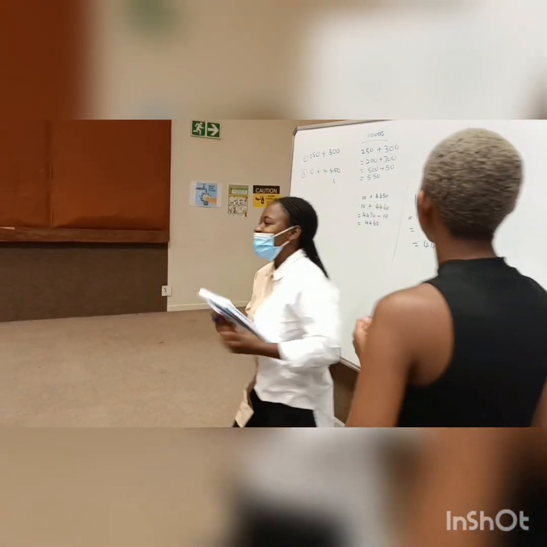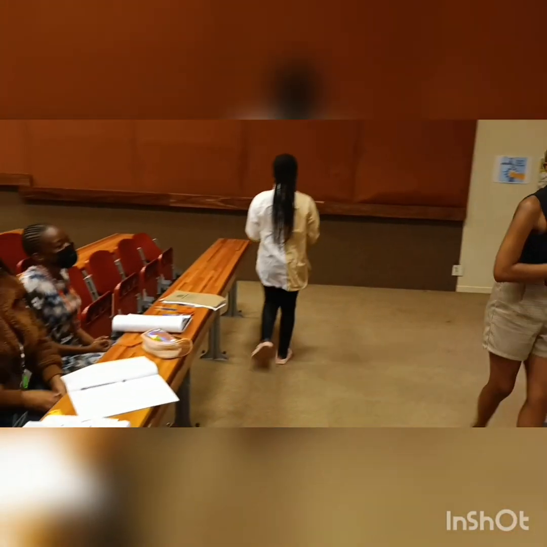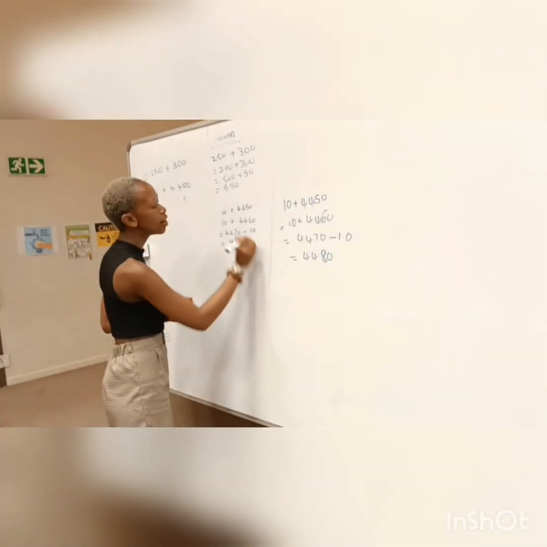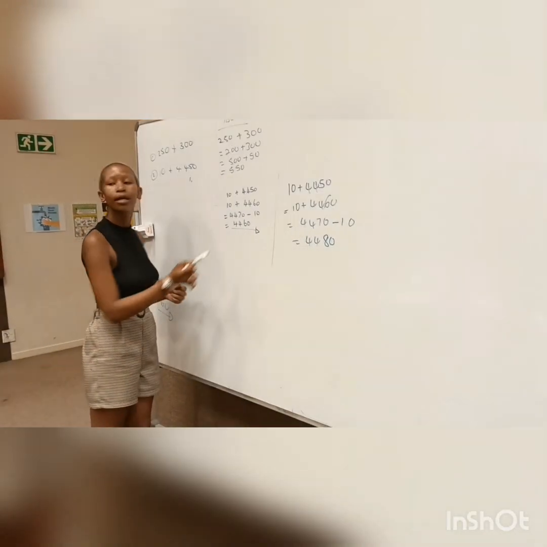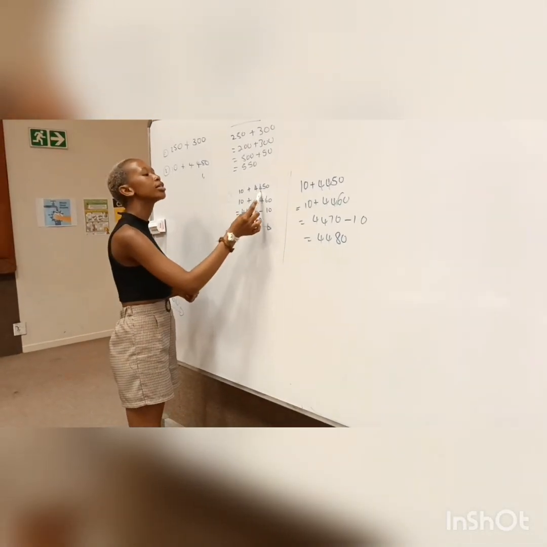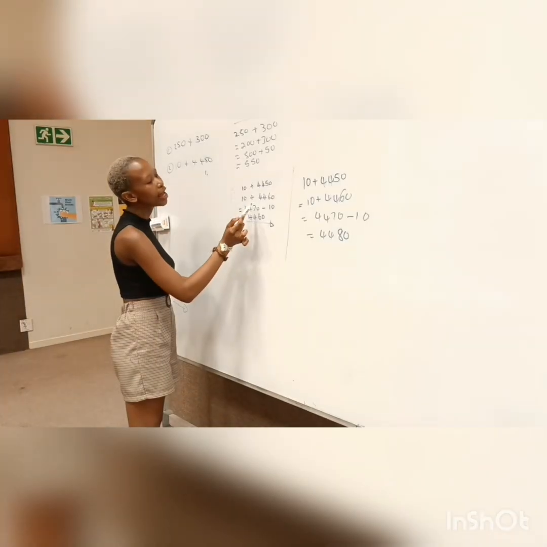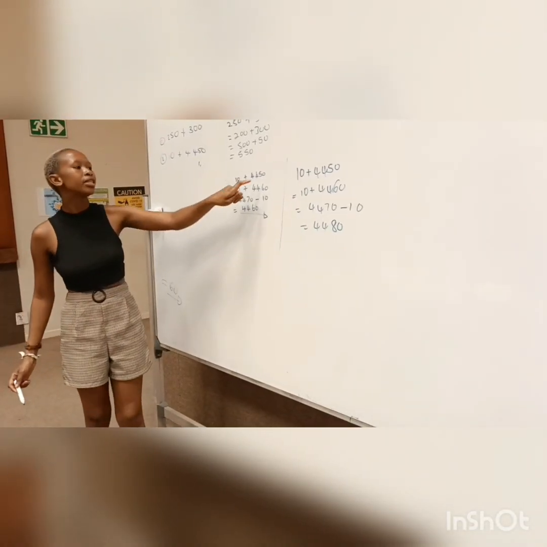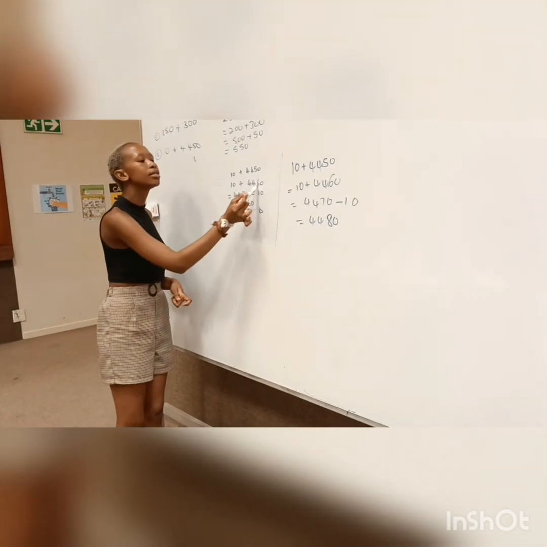Okay. So can you please pay attention to the board? So we have 4,460. She said the calculation was 10 plus 4,450, right? And then we moved to 10 plus 4,460, in which she rounded up the 50, and then she added 10 actually to get 60, right?